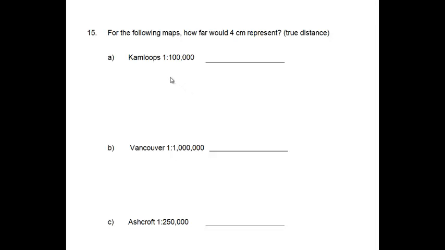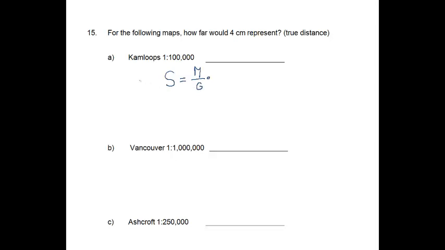So the first thing I'm going to do is write my scale equation, which I refer to as the SMOG equation because it is scale equals map distance over, we can think of it as over ground. So S equals M over G.